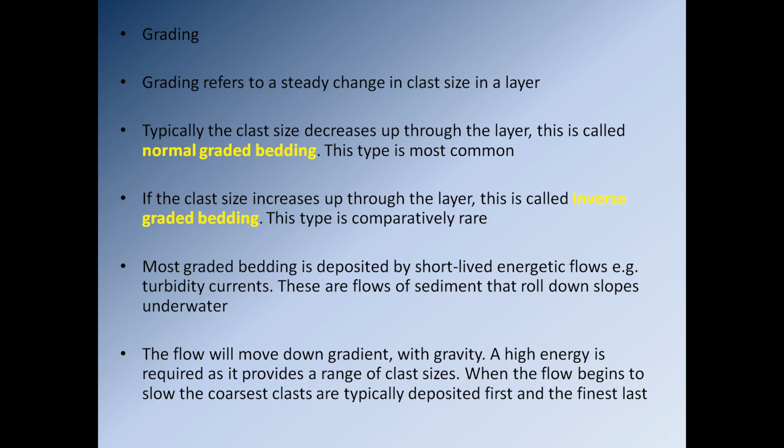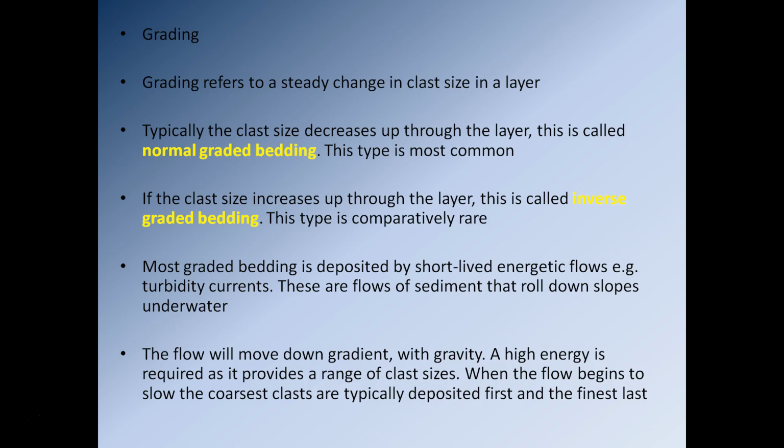As it starts losing velocity, it starts losing energy. As it starts losing energy, it loses its capacity to carry certain class sizes. So as it loses energy, it will have to start depositing the largest class sizes first because they weigh the most. So as it loses energy, it has to, let's say, dump the coarse sands. So it gets rid of them first. So they're at the bottom of the layer.